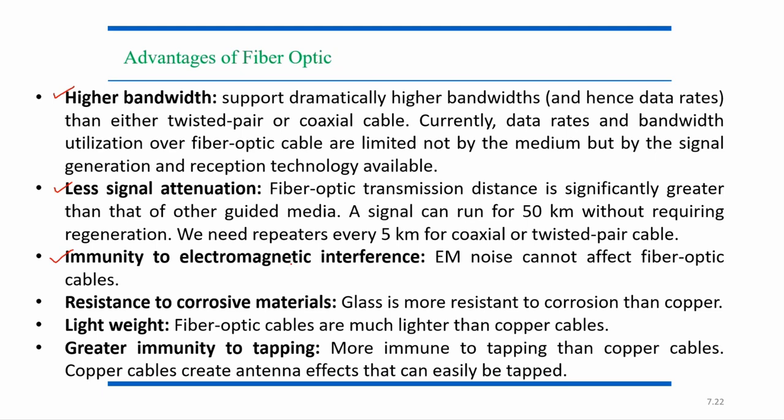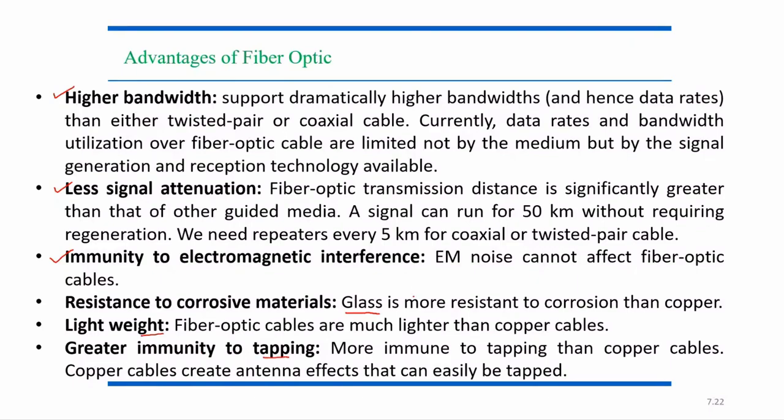So EM waves or EM noise can't affect the optical fiber signals, making it more immune to electromagnetic interference. Resistance to corrosive material, because it is made of glass, which is more resistant to corrosion than copper. It is also lightweight and has greater immunity to tapping.